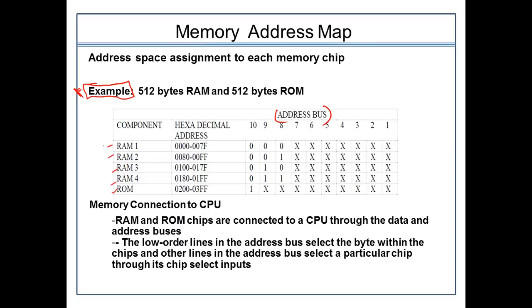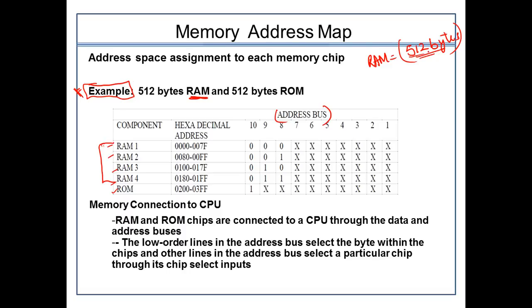Here the example says that we are using a RAM of size 512 bytes. This is the exact fixed size of a RAM. What we did, you can see here, is that this RAM is further divided into four parts.